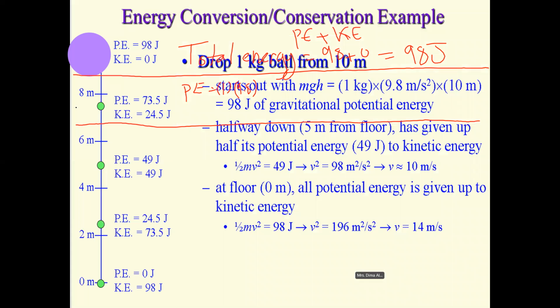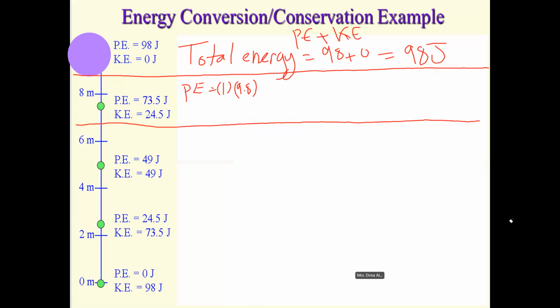So this number here, what's happened? Let's try now 9.8 times 7.5, which is 73.5. So here at 7.5, the potential energy will be 73.5.